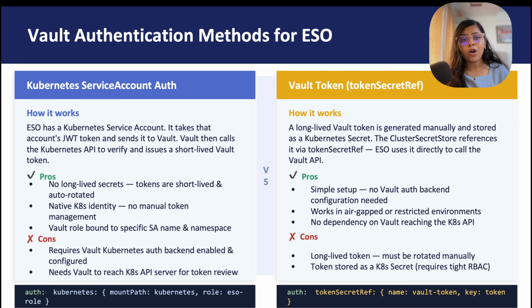Whereas in case of Vault token, you have to manage the native Kubernetes secret, which is again not a very good thing to store the token. So yeah, these are the two ways. For Vault token, we generally go when we are testing something, and in production systems, we go with the service account.